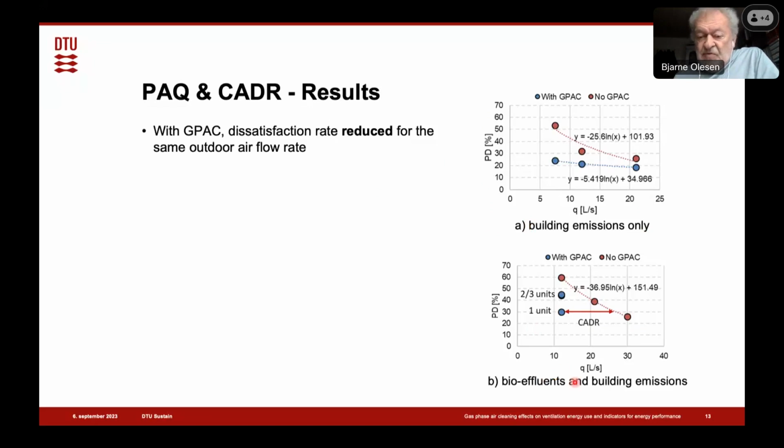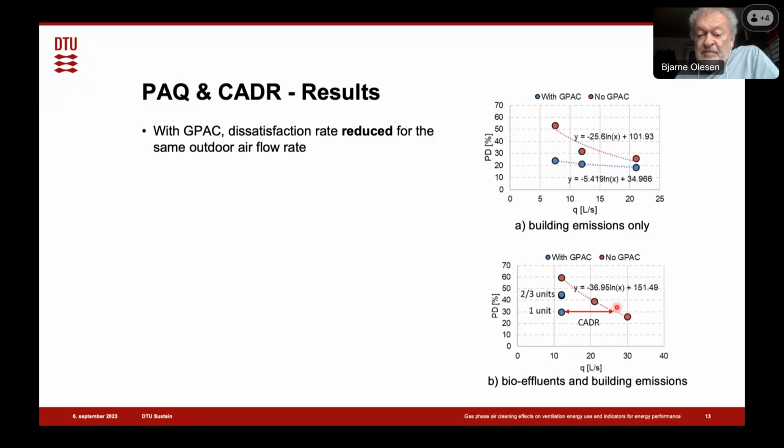And then we do a test without the air cleaner. You see here the red circles. That is the relation between how much we ventilate and how many are dissatisfied without the air cleaner.